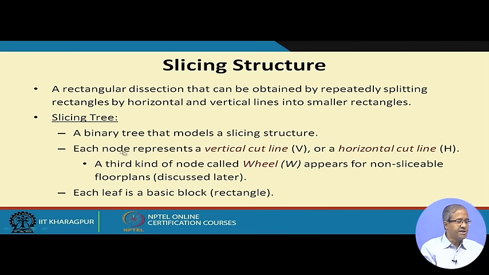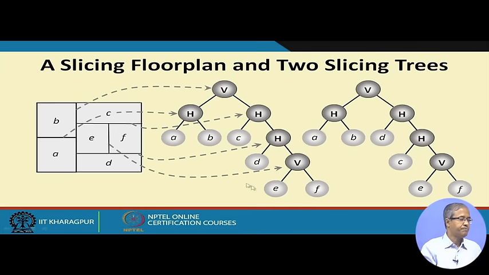In this binary tree, the vertex or a node represents either a vertical cut represented by V or a horizontal cut represented by H. Later on we will see that a third kind of vertex can also be there called a wheel, which appears for some floor plans which cannot be sliced. This we shall see a little later. And the leaf of the tree indicates a basic block, the blocks that you want to place in the floor plan.